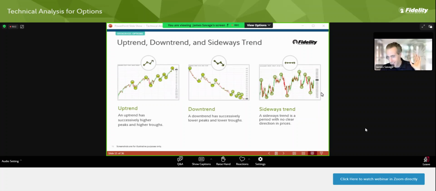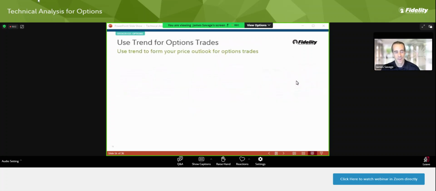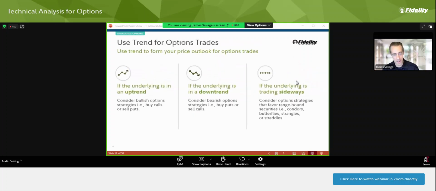So when it comes to trading, if you're looking at an uptrend, it would make sense to use bullish strategies. Nothing earth-shattering here, but it has to be said, far too often folks are putting bullish strategies on stocks that aren't trending upward.